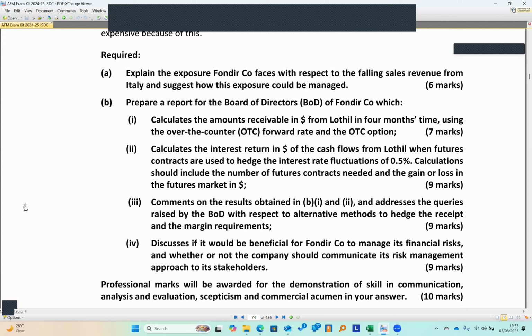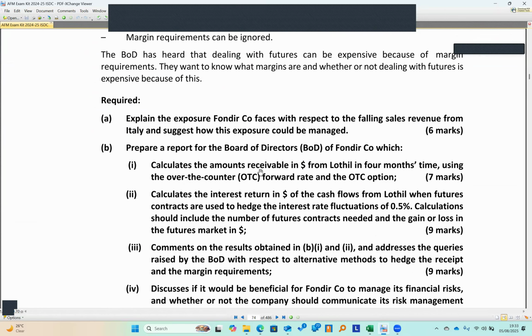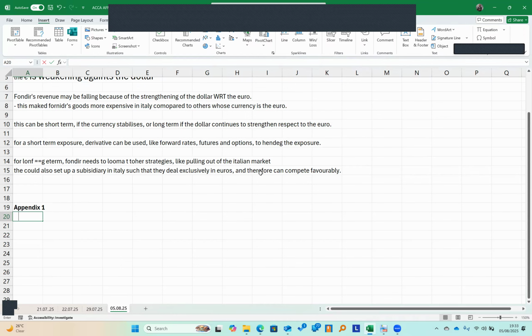So now for the forward rate, we just need to determine, because you see, we are going to receive. So let's first do the over-the-counter forward rate.